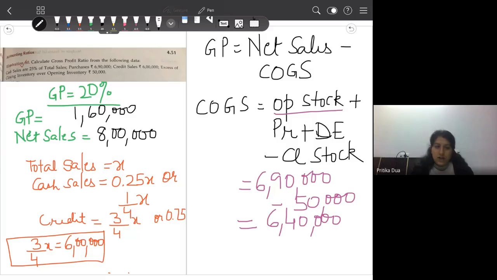So comparatively indirect question, but it is working only on the formula part. Any question in this? Is this clear to everyone?